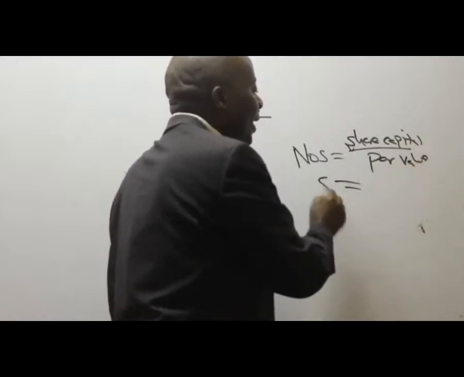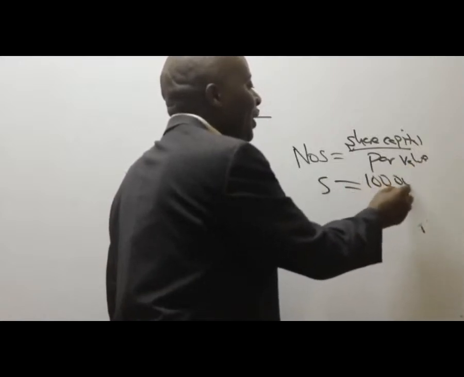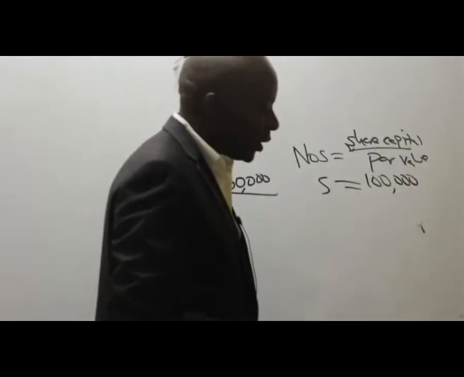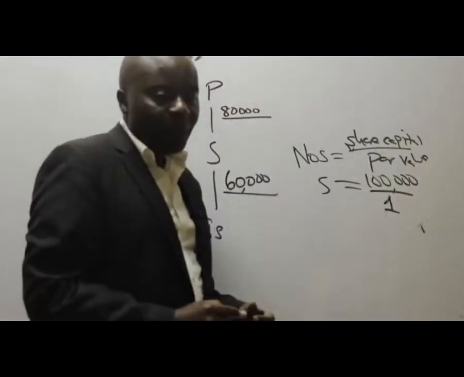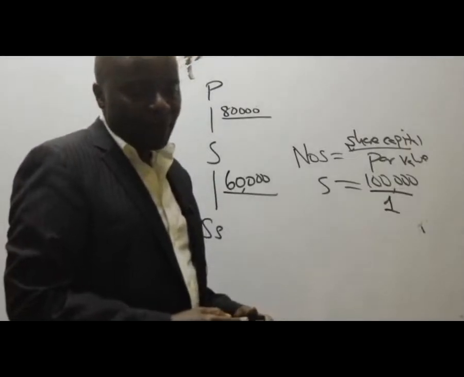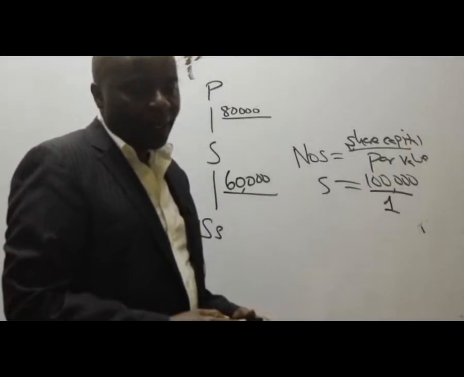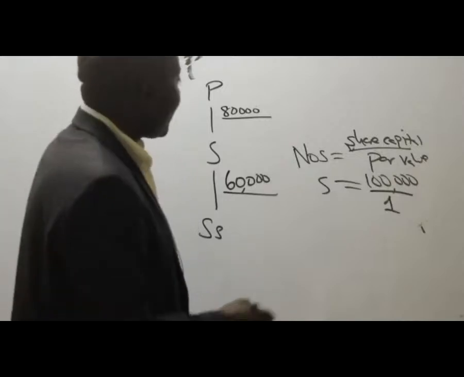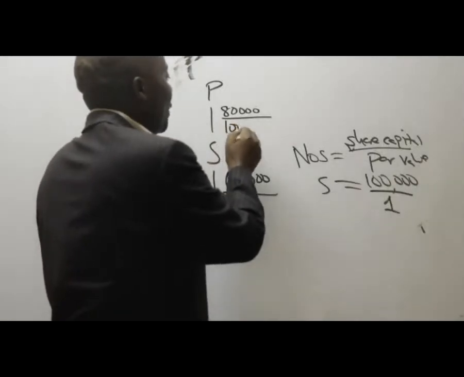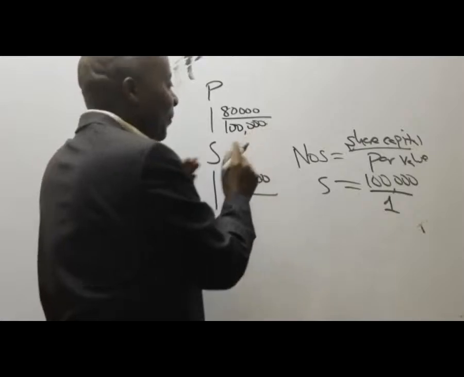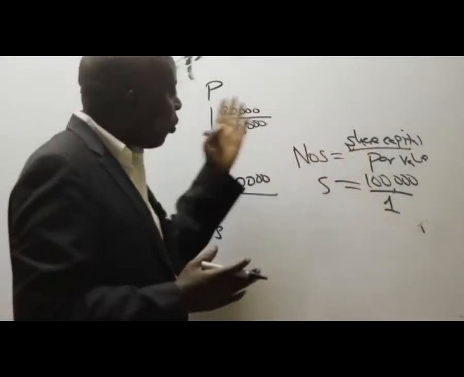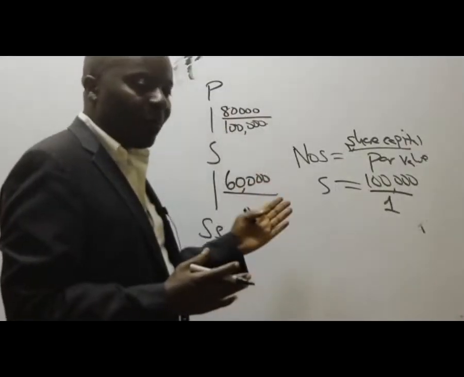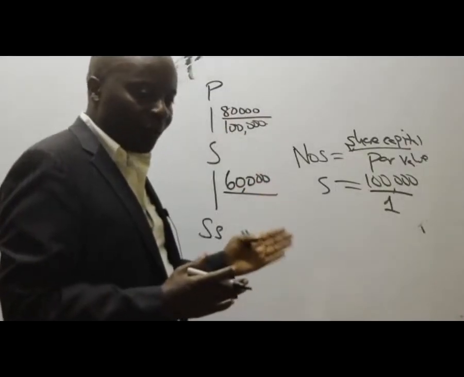For S company, the share capital in the statement of financial position is 100,000 and the par value per share is one. So that gives me 100,000 shares. Remember, when we're getting percentages, we don't work with share capital in terms of money. We normally work with the number of ordinary shares.